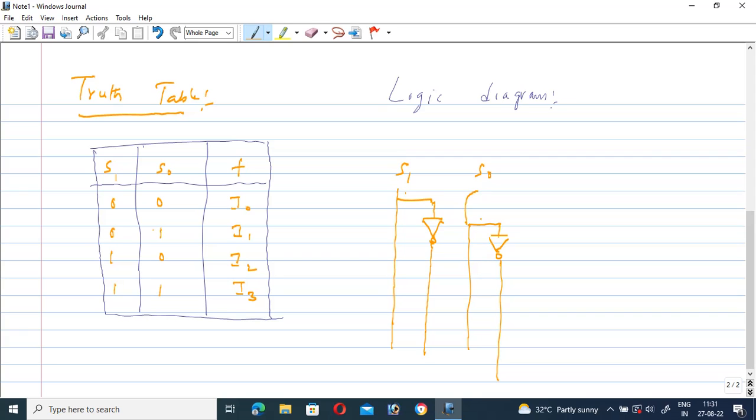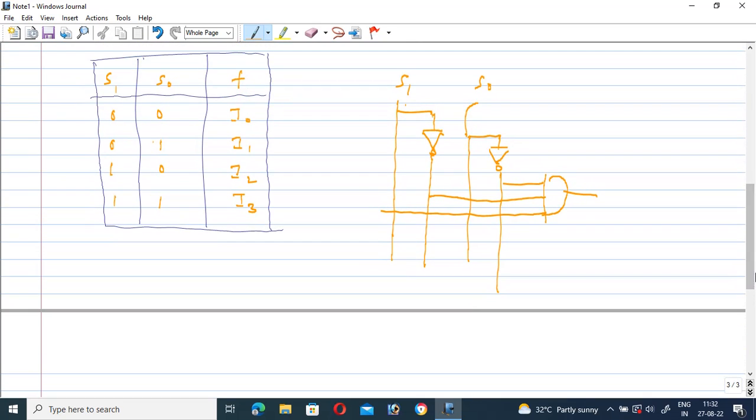First, when S0 is equal to 0 and S1 is equal to 0, both 0 0, it selects the I0 value, right? So I will take S0 bar and S1 bar, and these are given to an AND gate, along with I0.